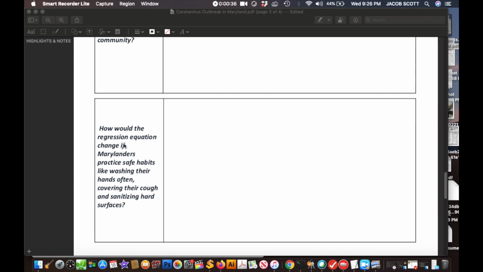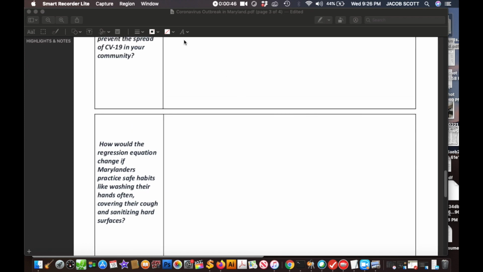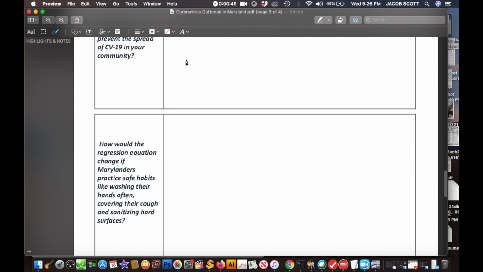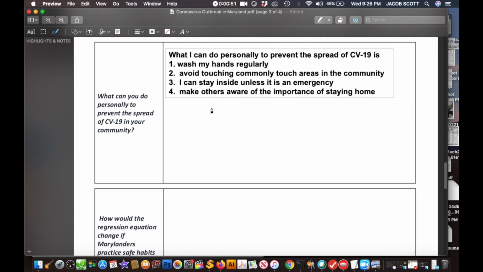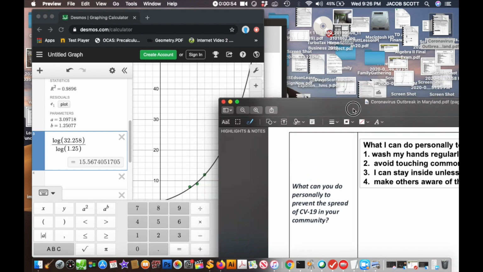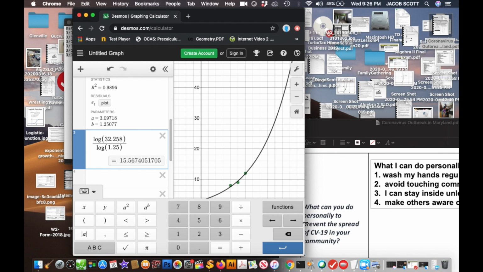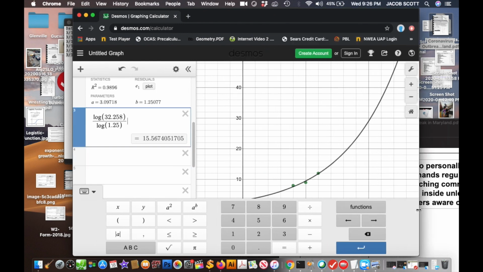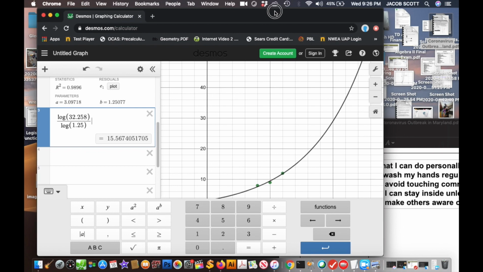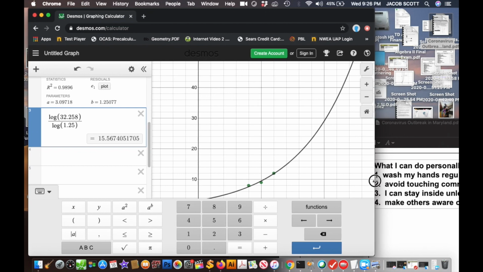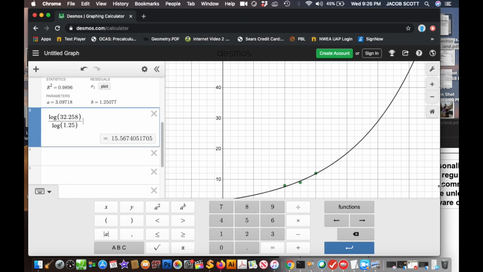How would the regression equation change if Marylanders practice safe habits like these that are named here? Well, of course, if we practice these things, this curve that we see, this is a very steep curve. And if we practice safe habits, what will happen is this curve will shrink.